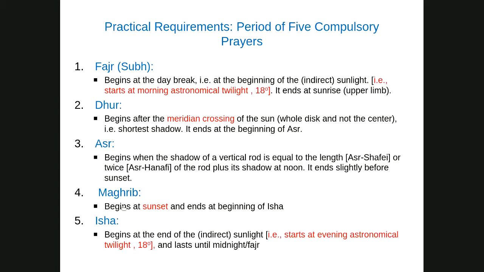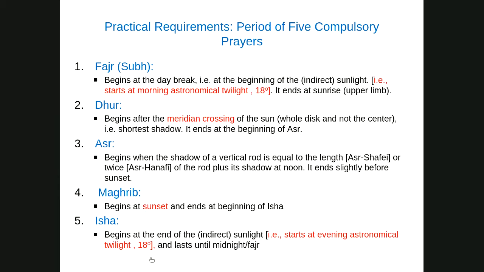And Maghrib basically begins when the sun sets. Isha will be when indirect sunlight returns. That's the start of the evening astronomical twilight. That means stars will become a little bit visible.